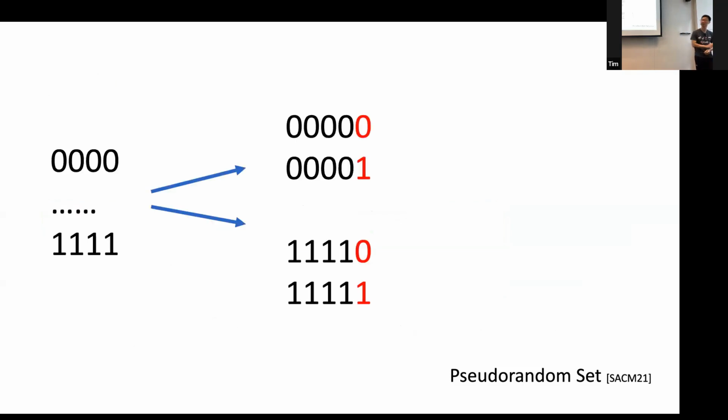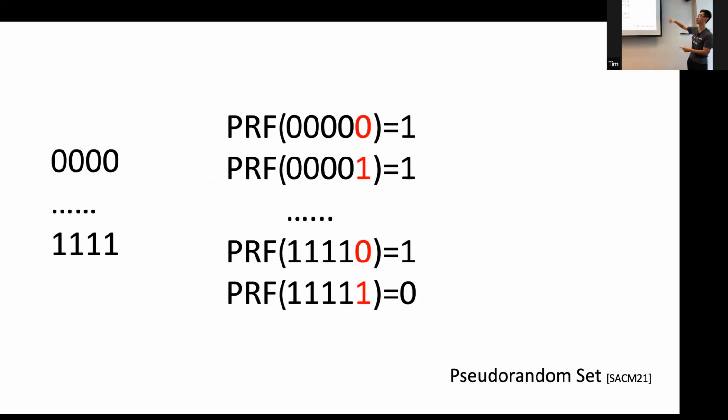It works like this. First, we keep all those prefixes that have size half log n. Then in each expansion, we simply pad 1 bit to the end. So we pad 1 or 0 to the end, and each prefix will be expanded to 2 strings. Then we use the pseudo-random function to evaluate all the newly expanded prefixes.